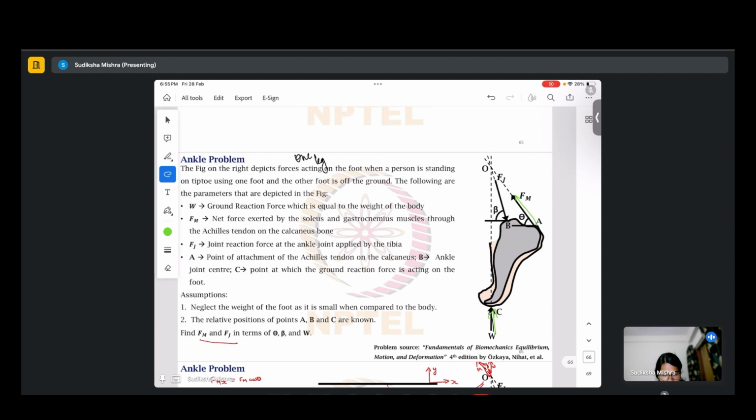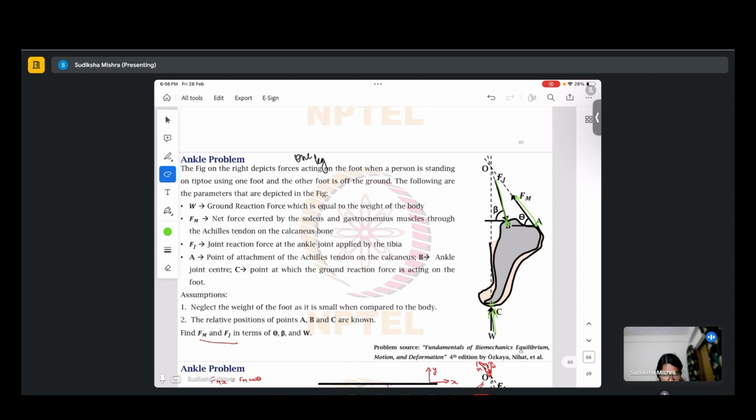Fj is the joint reaction force at the ankle applied by the tibia. This is Fj, and both of them are acting at different points. A is the point of attachment of the Achilles tendon to the calcaneus here. B is the ankle joint center here. C is the point at which the ground reaction force is acting on the foot.